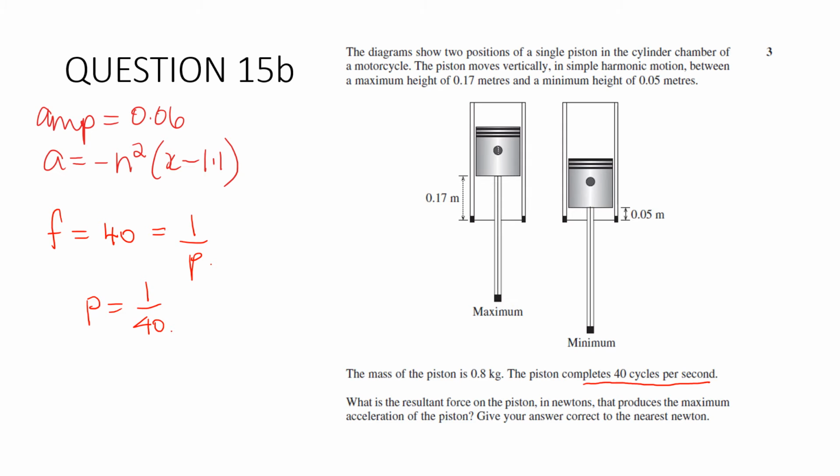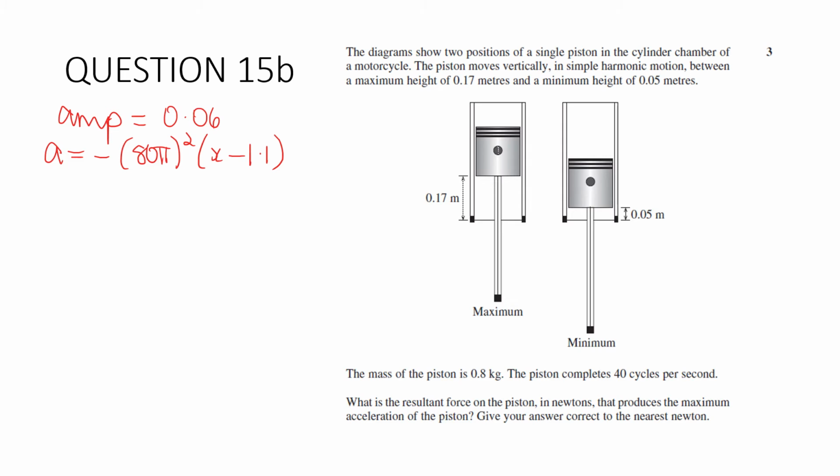Now we know that the period is equal to 2 pi on n, because this is either going to be a sine or a cos curve, and the period of sine and cos is 2 pi. And solving for n is equal to 80 pi. So we have that a is equal to negative (80 pi) all squared, x minus 1.1.